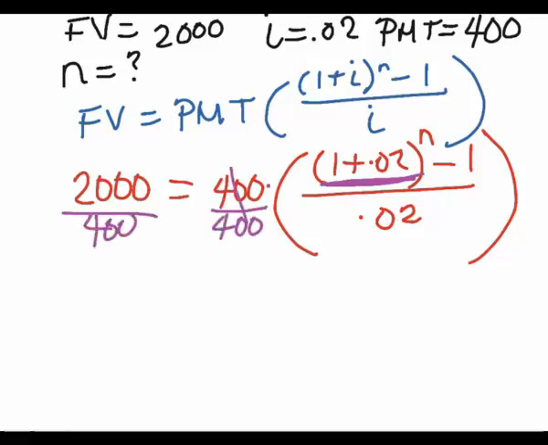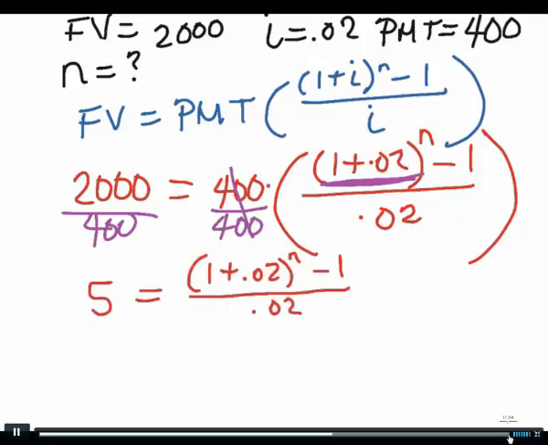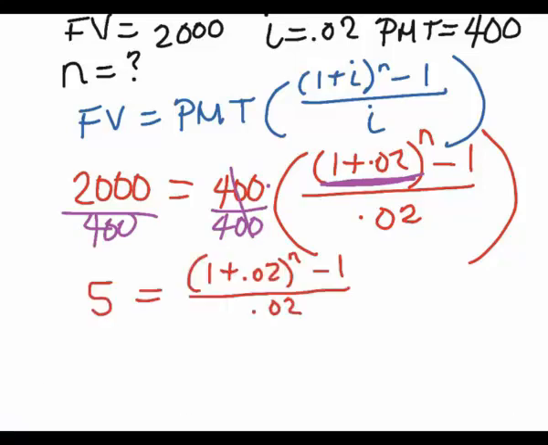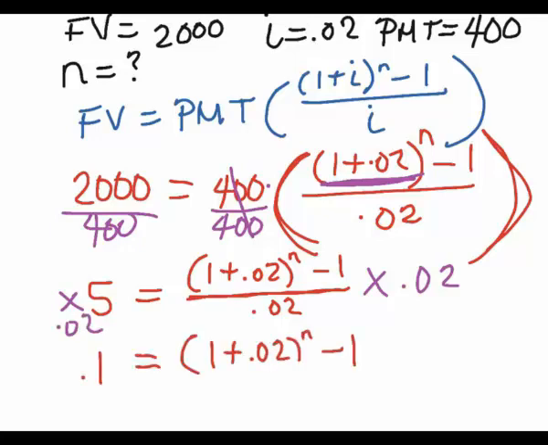So now I have 5 equals, and then this is gone, so I just have this part that's in parentheses left. They're dividing by 0.02. So then I'm going to multiply by 0.02 on both sides. Okay, so when I multiply by 0.02, that canceled this here. So all I have left is the numerator, and 0.02 times 5 is 0.1.